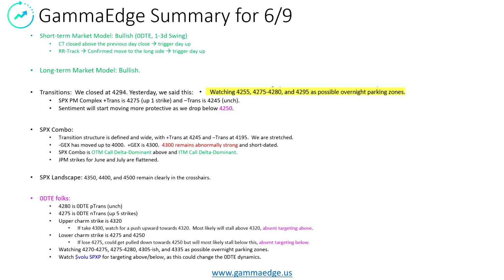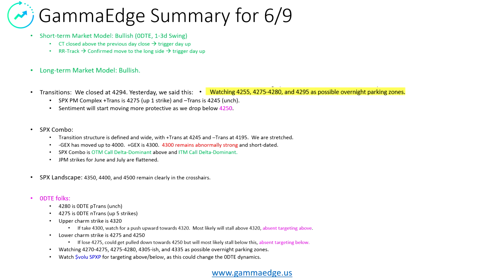That's correct, in part because we have the AM structure pulling down the PM structure. So we want to be aware of that. There is a mismatch. Typically the rubber band reverts to where there's more money, and more money lies in the AM complex, which next week expires on Friday morning at the open.